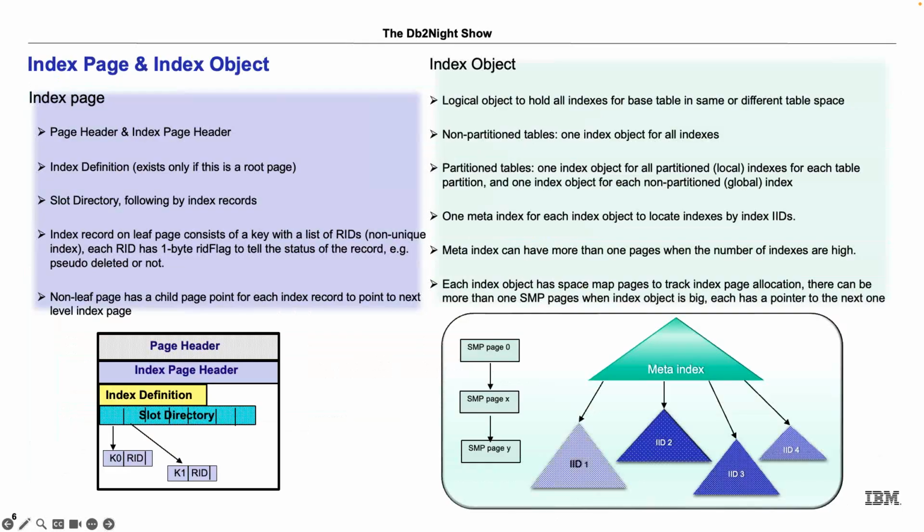It tracks all the defined indexes within this object using the index unique ID and the root page. Okay, and in this diagram, you will also see there's an SMP page that tracks the index page allocation within the index object. When the index object is big, there could be multiple SMP pages. They are chained together. All right, so this is the per page level and per object level structure review.